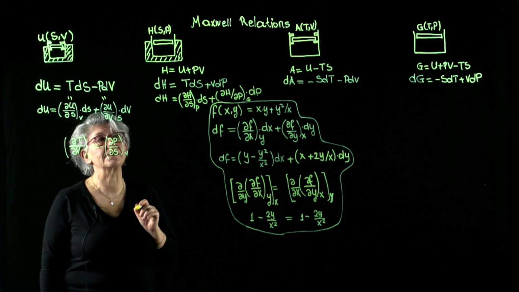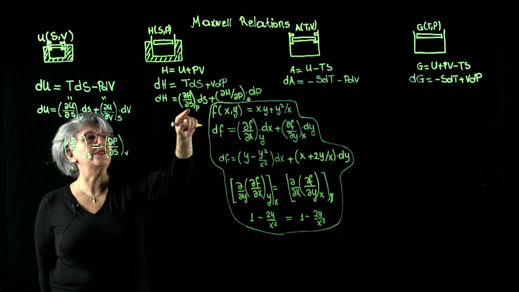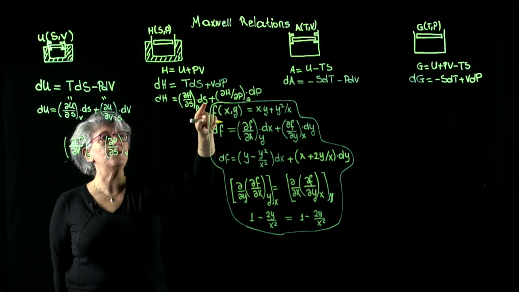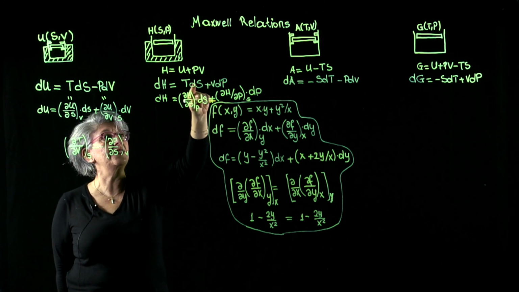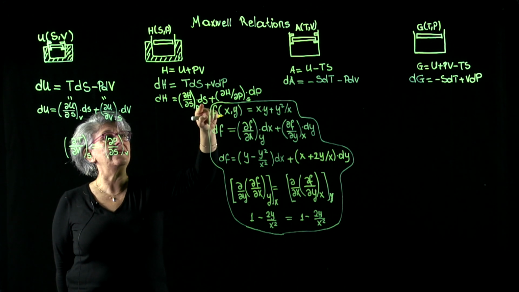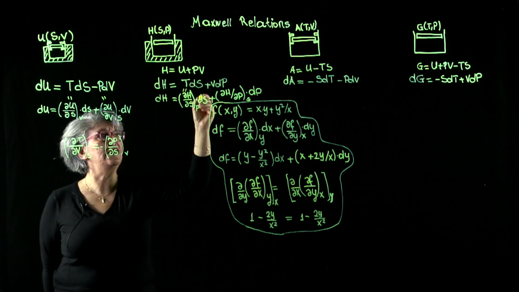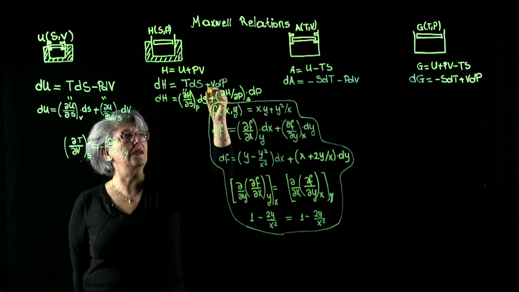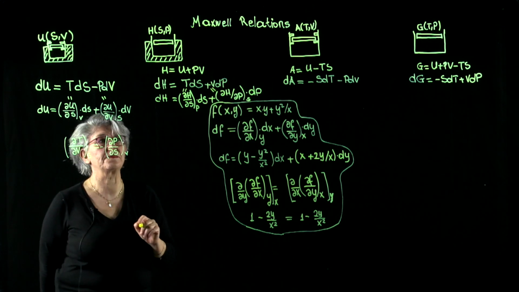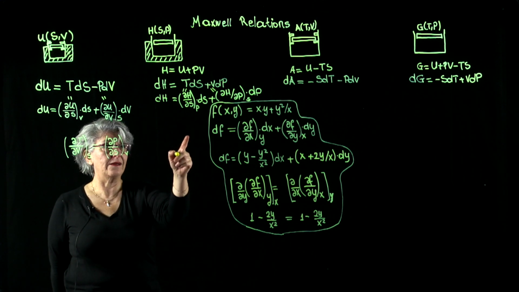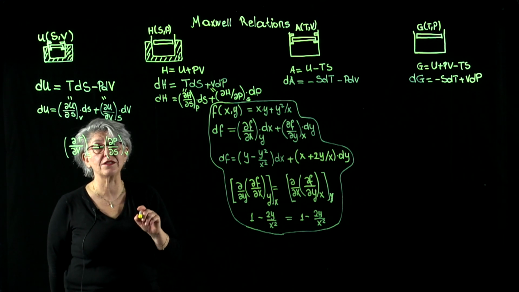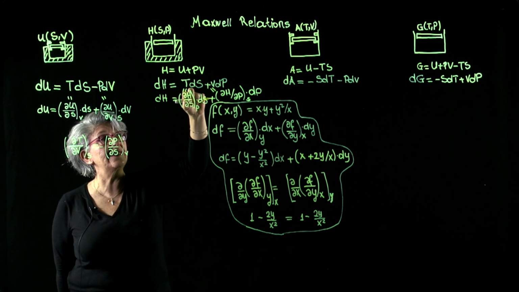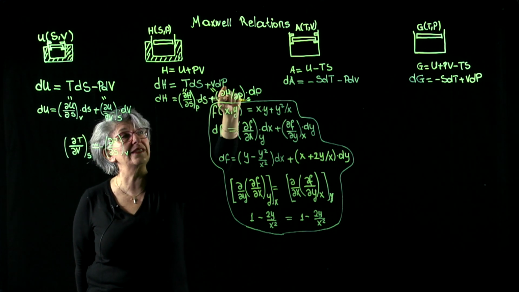Okay? Now what is del H over del S at constant P? By analogy, I'm just comparing the coefficients of dS. All right? This is equal to T. I'm comparing the coefficients of dP, and this should be equal to V. Then, corresponding Maxwell relationship. Now I'm going to take this function and take the second derivative with respect to the other independent variable.